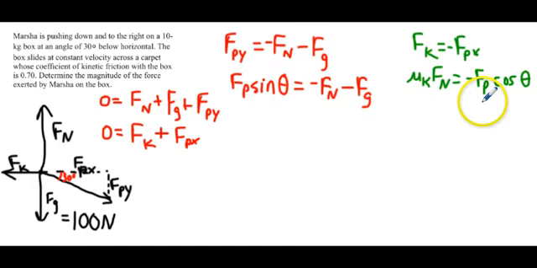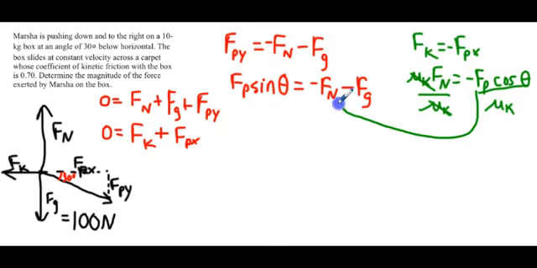Alright, so now that I have this, I can divide by the coefficient of friction on both sides of this green equation. And now I have something that I can plug in for the normal force over on the other side. So I'm going to carry on with this equation.